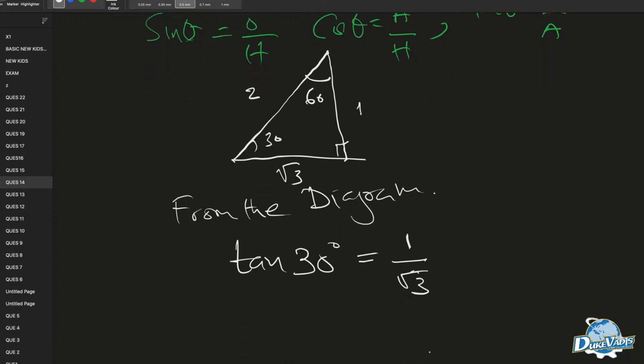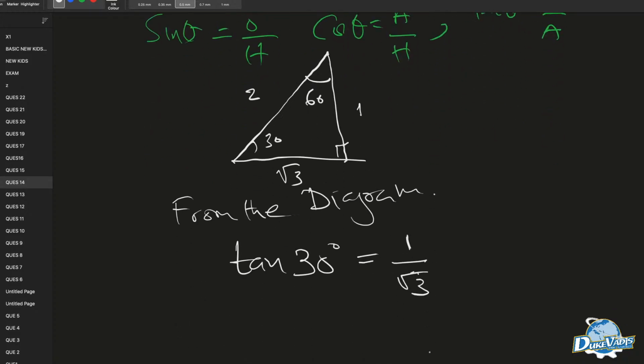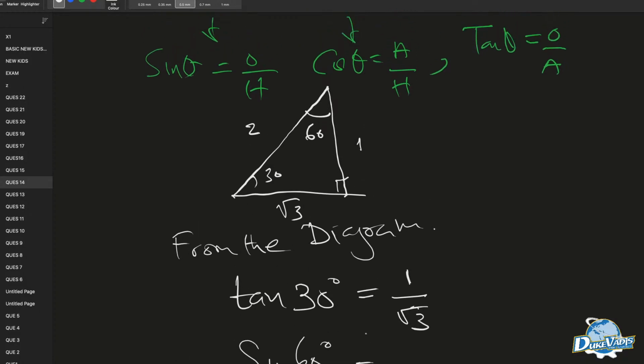And sine of 60 degrees: this side is opposite to this angle, this is the hypotenuse and this is adjacent. So sine 60 degrees gives us root 3 over 2, opposite over hypotenuse.